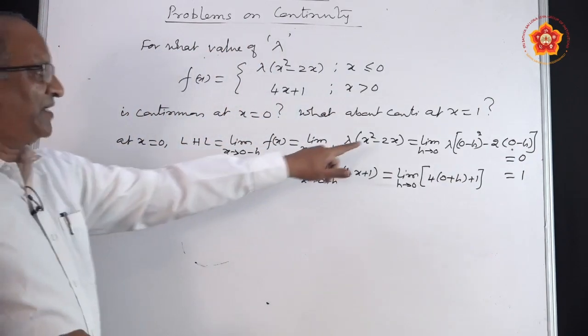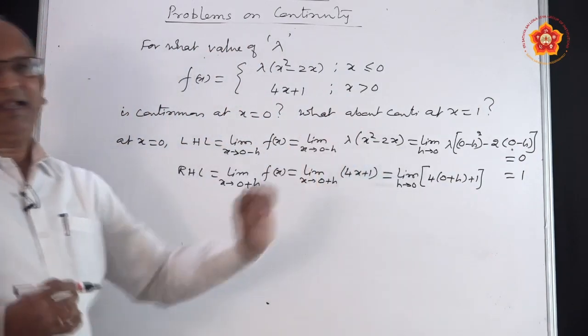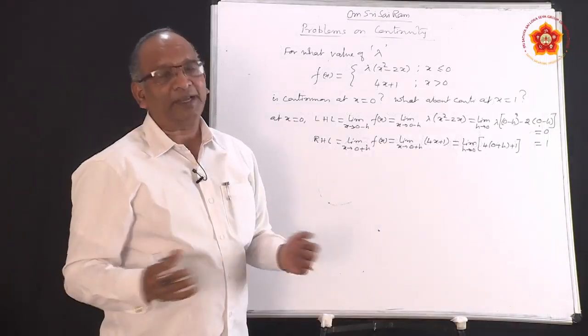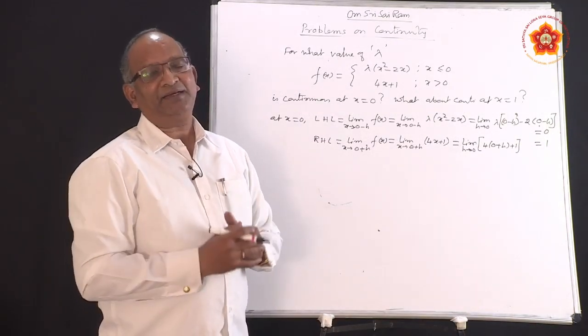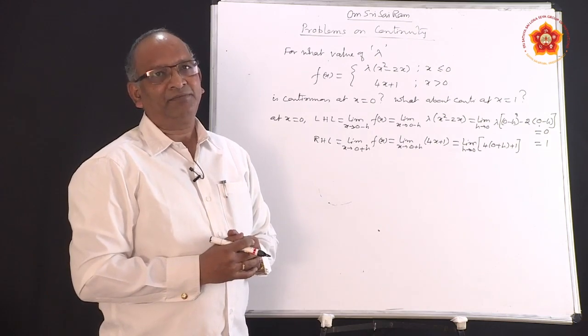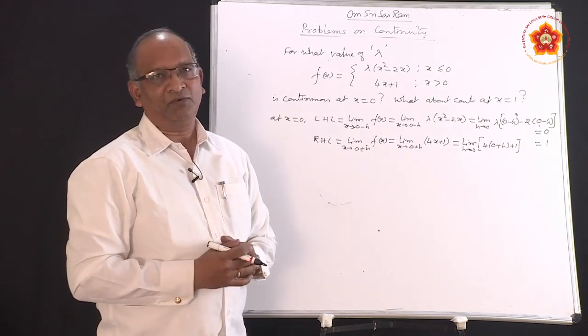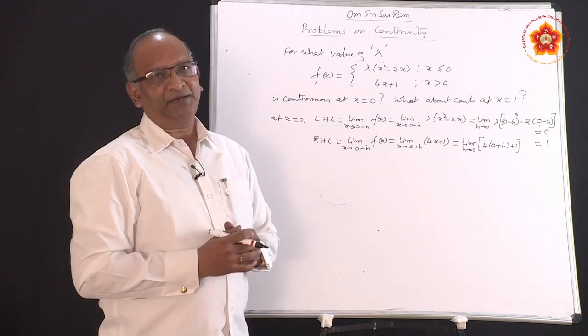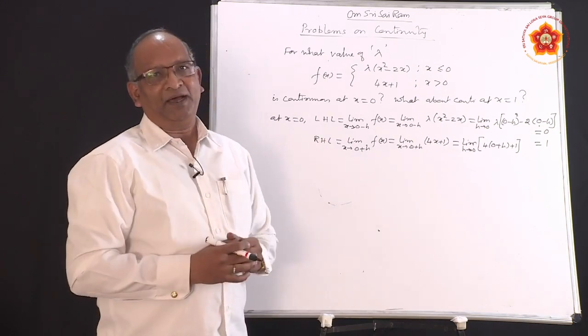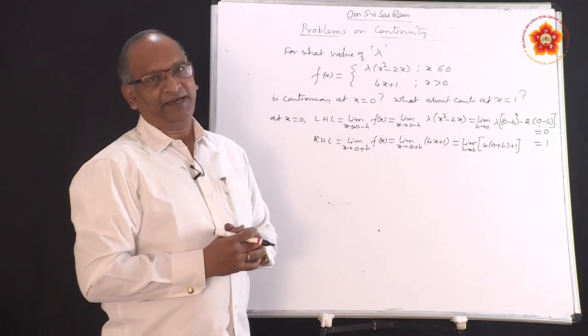The left hand limit was 0, the right hand limit is 1, both are not equal. What do you mean by saying they are not equal? It only means that the function is not continuous. Why? Because left hand limit is not equal to right hand limit. There is no value of lambda which can make it continuous.